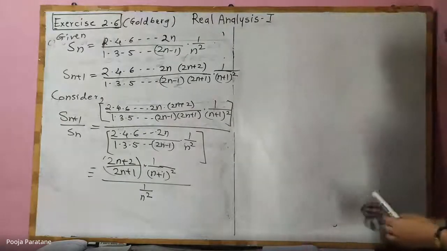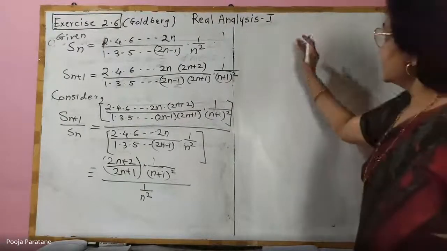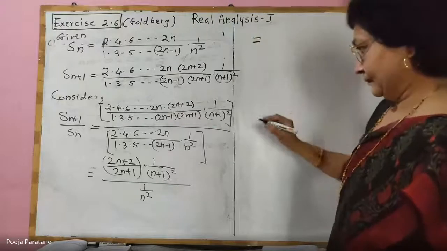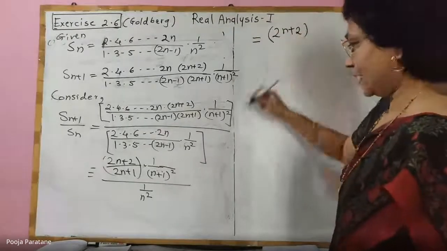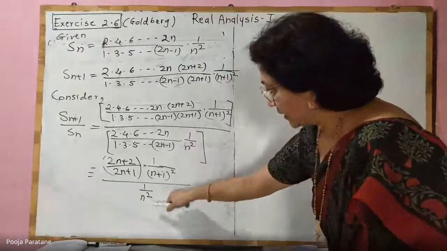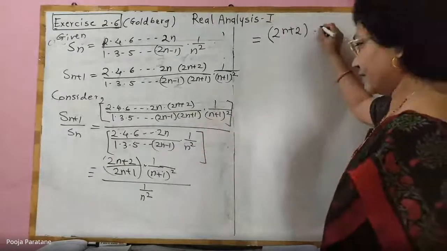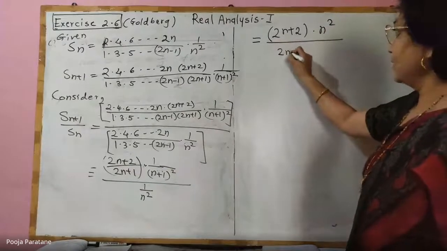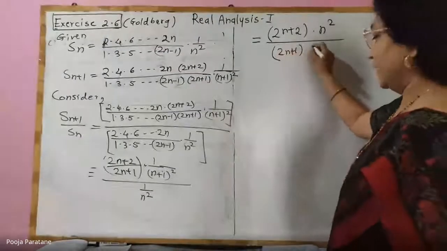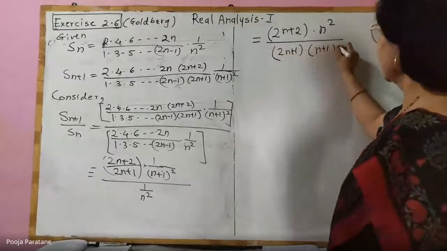So this is equal to, using the property, 2n plus 2, and now here 1 upon n square will go in the numerator. So here we will get n square upon 2n plus 1 into n plus 1 square.